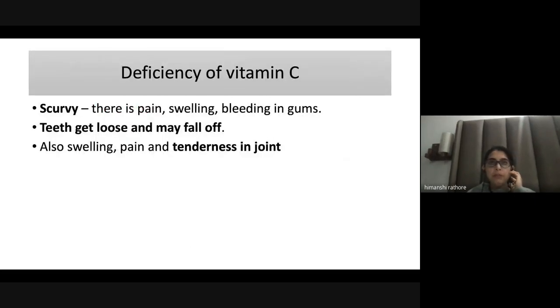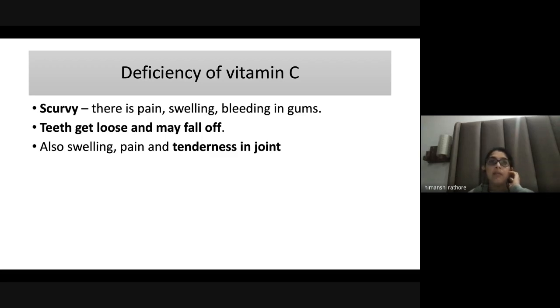And what happens if you are not having the right amount of vitamin C in your body, you will develop a condition known as scurvy. Scurvy is nothing but the condition where your teeth will be loose, they may fall off, and there will be bleeding inside your gums.